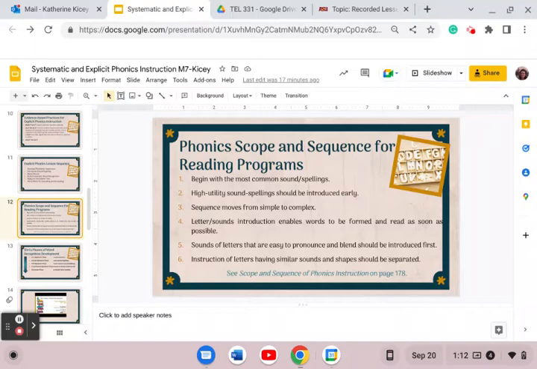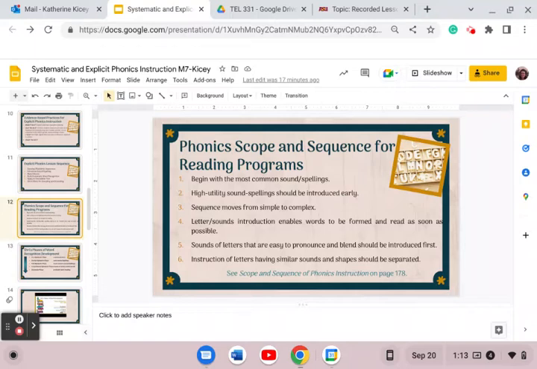Letter sounds are introduced in a way that enables words to be formed and read as soon as possible. Sounds of letters that are easy to produce and blend should be introduced first. So you want to make sure that you're not taking any sounds that might be tricky. And introductions of letters having similar sounds and shapes should be separated.